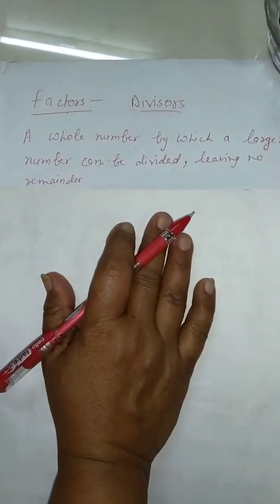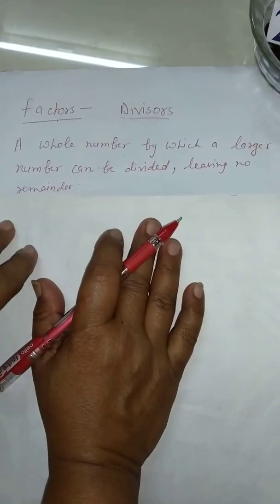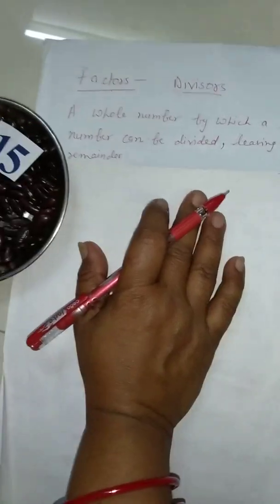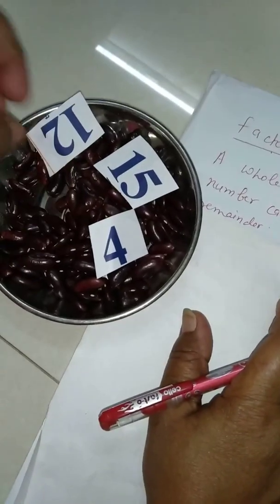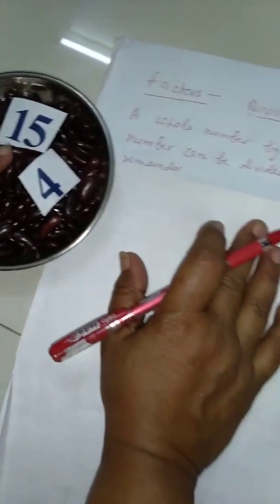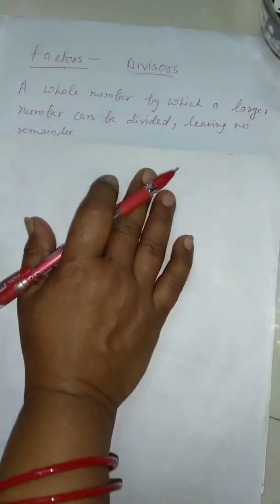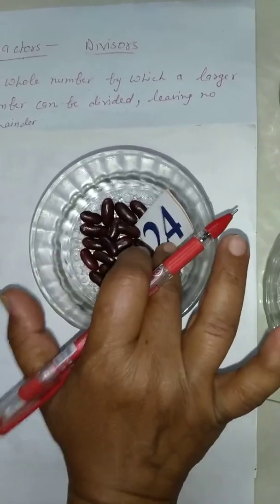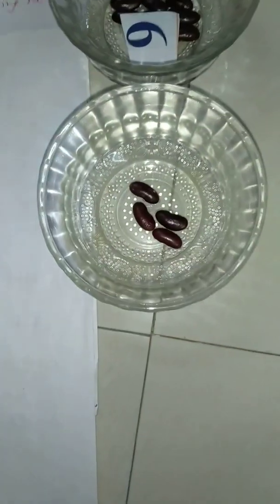Now, for understanding this concept, you have to make some arrangement. You have to take some Rajma seeds, the number of which you have to find the factors of. Here I have segregated 24 Rajma seeds because we have to find out the factors of 24, 6 and 4.